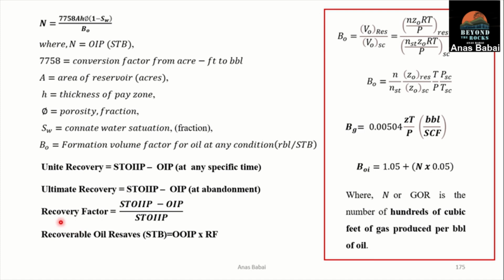Now if we want to calculate the recovery factor, we simply take the amount of hydrocarbon that has been produced and divide it by the amount of hydrocarbon which was there in the reservoir before production. So it's the ratio of the amount of hydrocarbon that has been produced to the initial amount of hydrocarbon which was there in the reservoir.